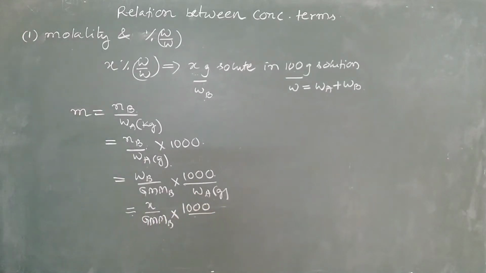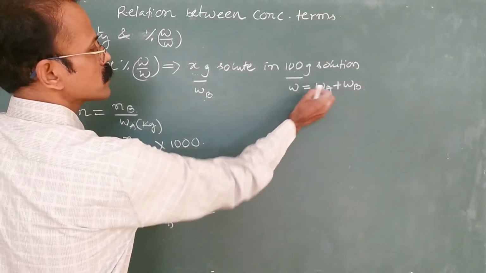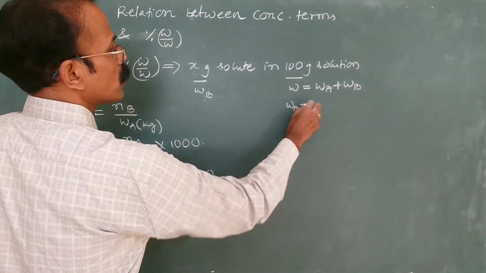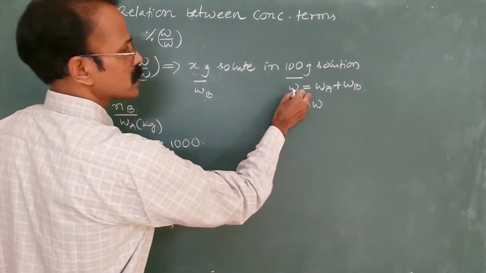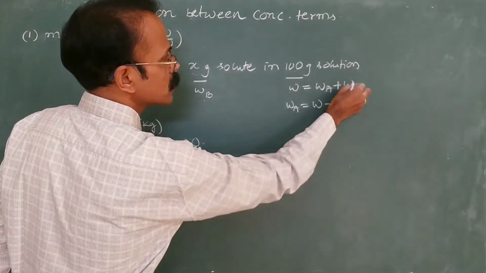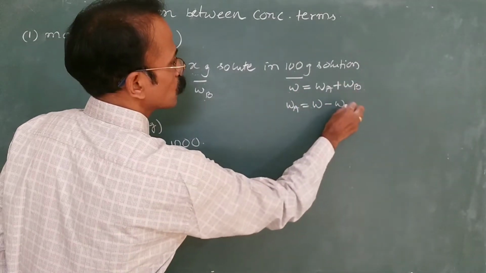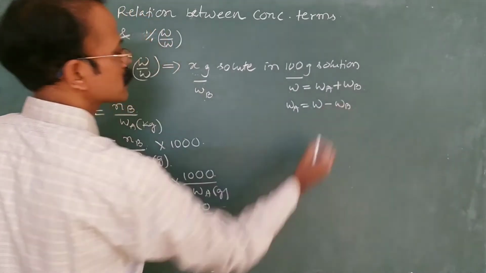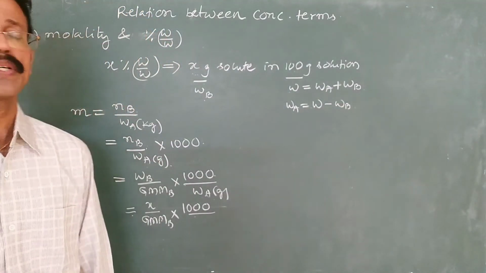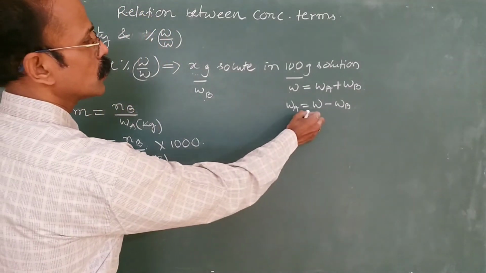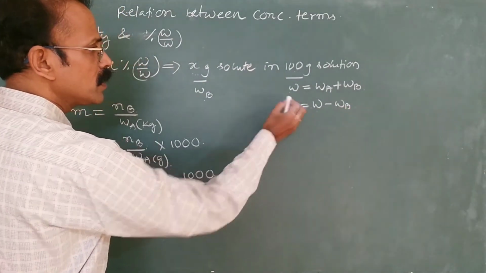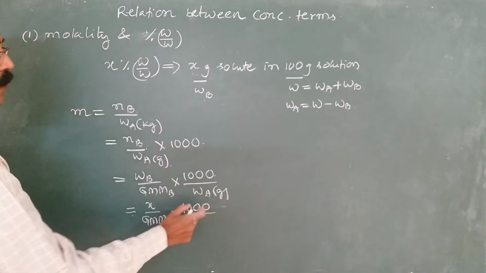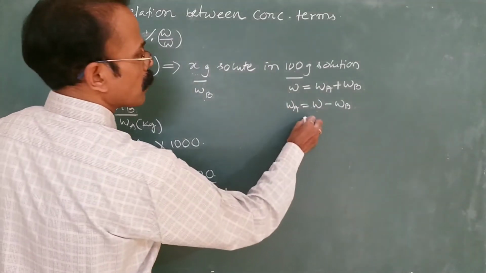So what is mass of solvent? Mass of solvent is equal to total mass, that is nothing but mass of solution minus mass of solute. So you can substitute W minus Wb for mass of solvent here. But mass of solution is what?